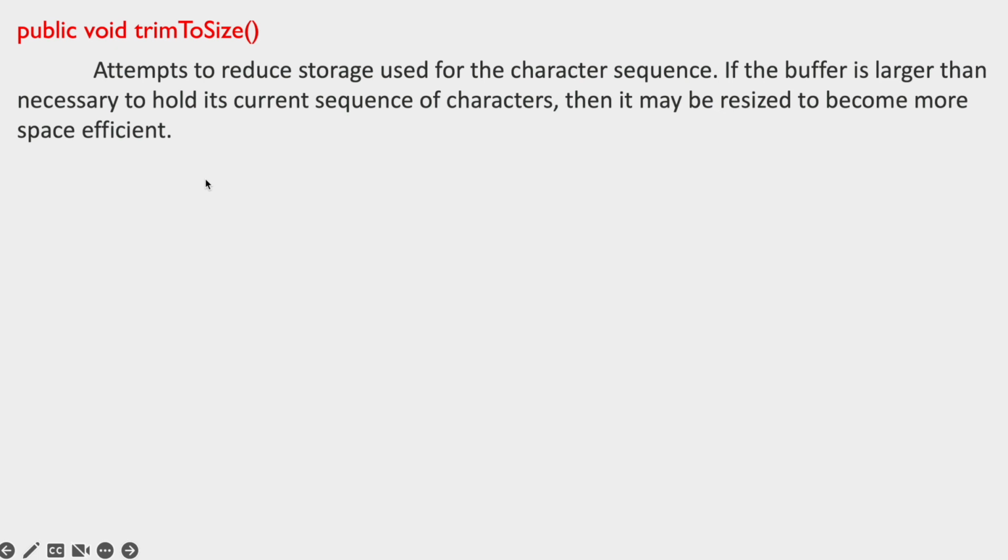That means if our string buffer object has a current capacity of 1000 characters and it has only 10 characters, the remaining 990 characters will be wasted. To remove those 990 character spaces, we can use the trimToSize method.